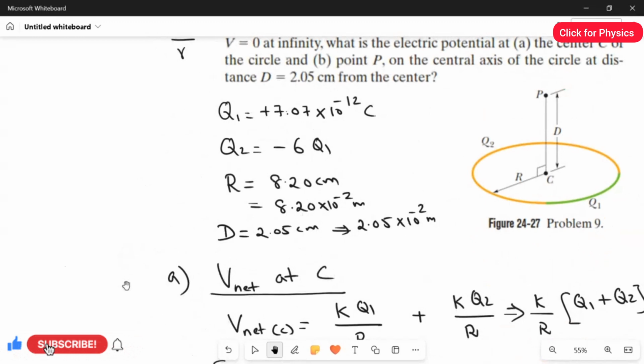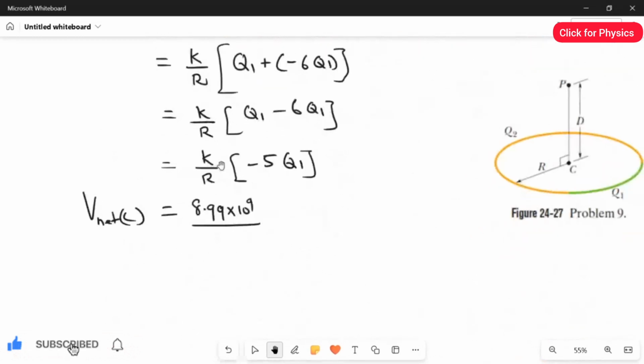R value is 8.2 centimeter. 8.2 multiply 10 power minus 2, multiply by minus 5 multiply by Q1, which is 7.07 picofarad, right? 7.07 multiply 10 power minus 12.